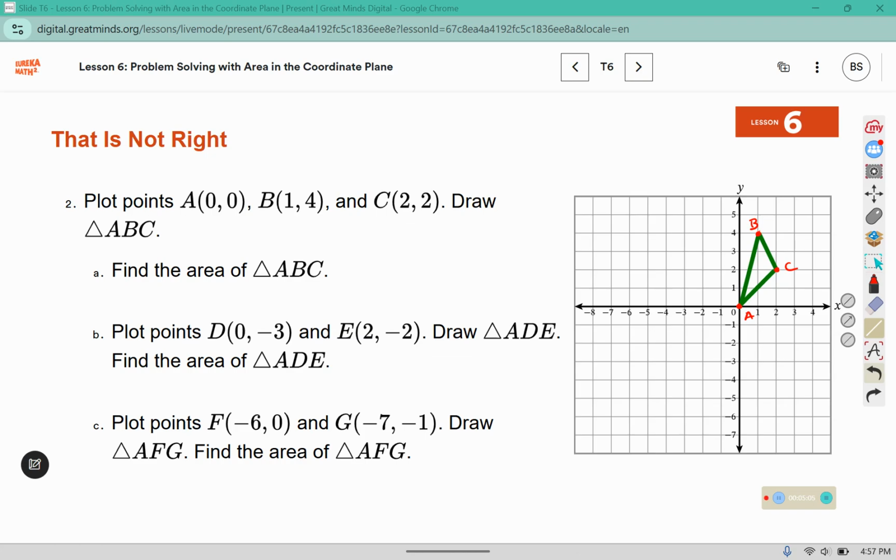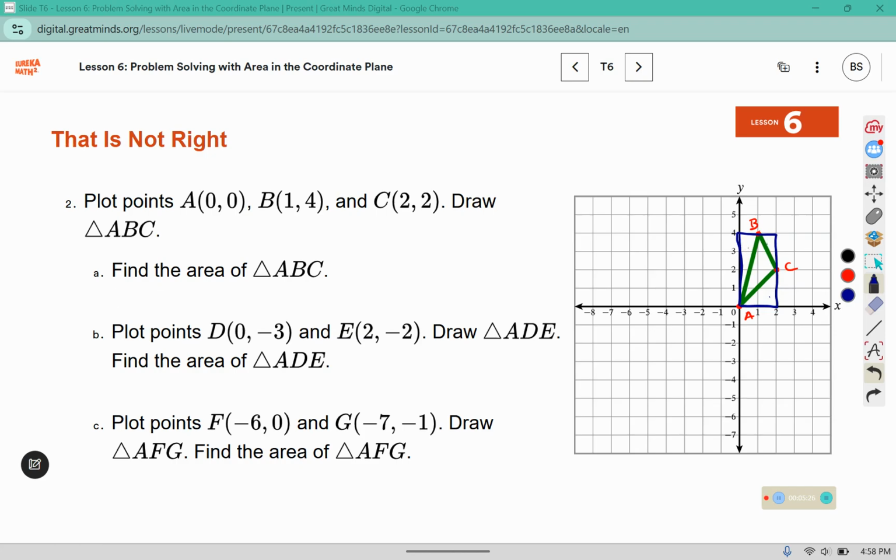Find the area of triangle ABC. So again, we're going to make a rectangle around the outside of the shape. We have 3 triangles to remove from the rectangle.